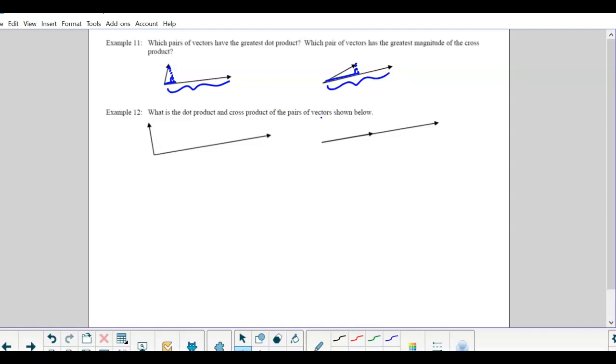So obviously this one is a bigger value, right? That magnitude times this is bigger than this magnitude times the same. So this would have a greater dot product. And then this one, take a look. That perpendicular distance there is bigger than this. So this would have the greater cross product.